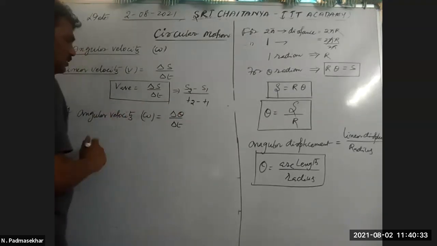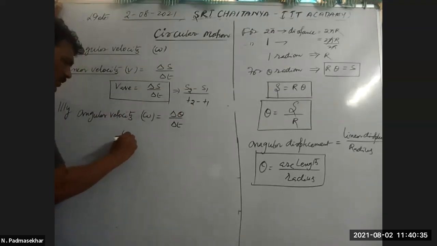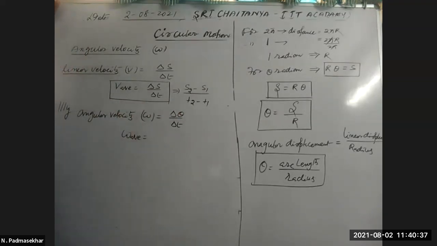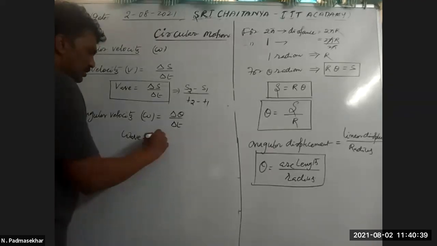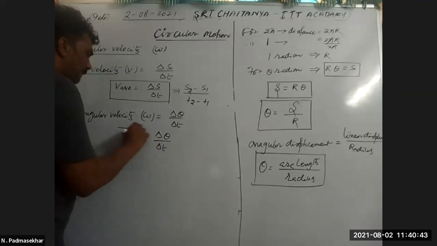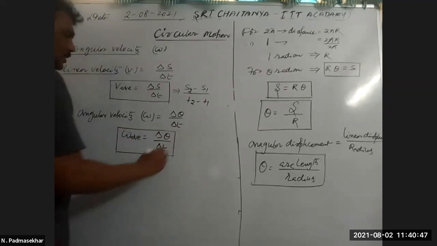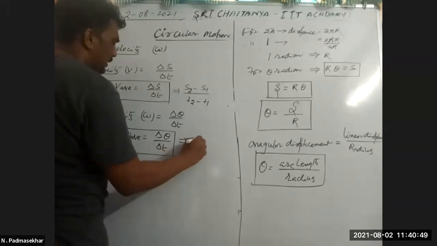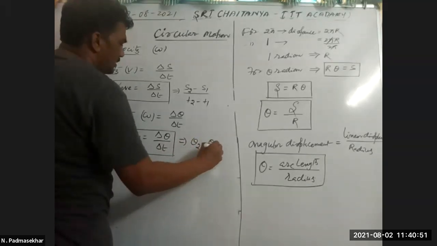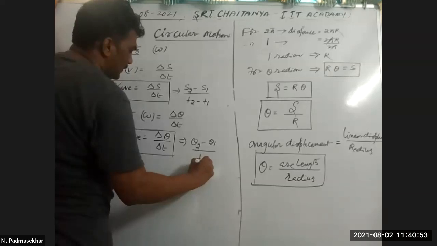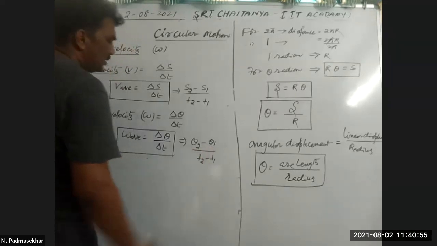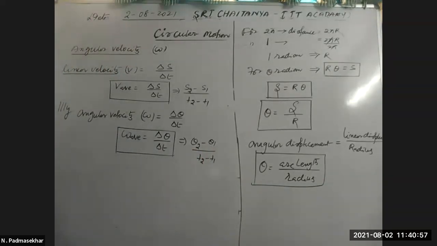This we call average angular velocity. This is delta theta by delta t, which means theta 2 minus theta 1 by t2 minus t1.